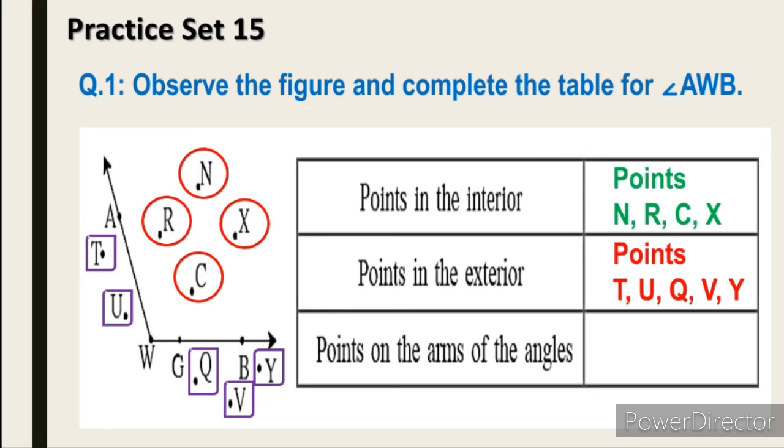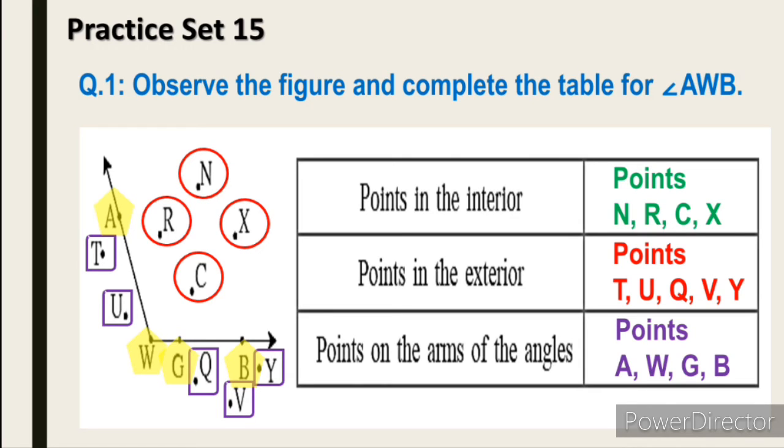So the points which are made on the arms of the angle are A, you can see the yellow highlighting, W, then G, and then B. So there are 4 points, points A, W, G and B. So this way you can see the points in interior, exterior and arms of the angle.